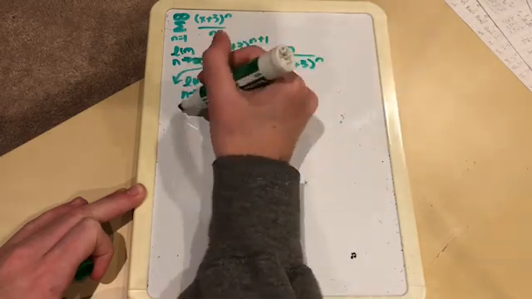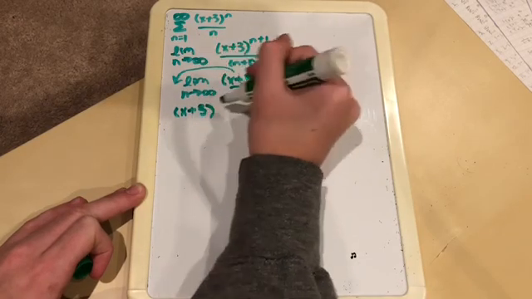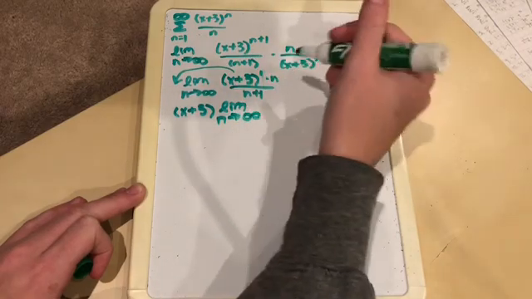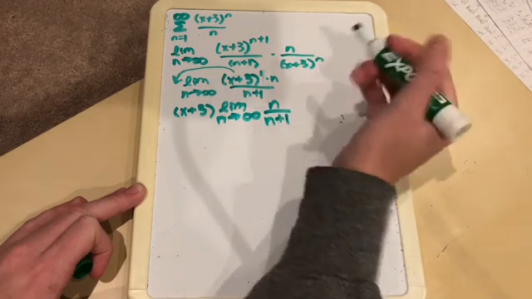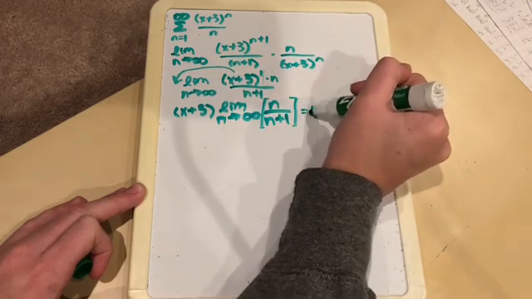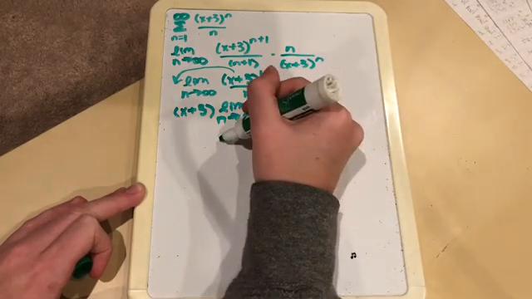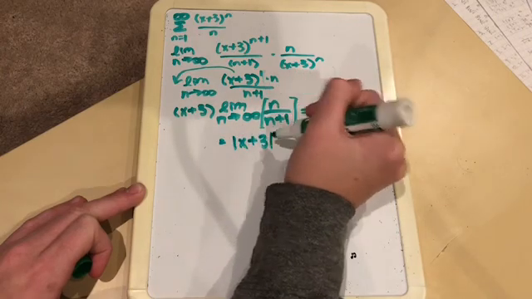I just like to do that for simplicity. And you get |x+3| times the limit as n approaches infinity of n over n+1, which we know to equal 1 when n approaches infinity. So you're left with |x+3|.